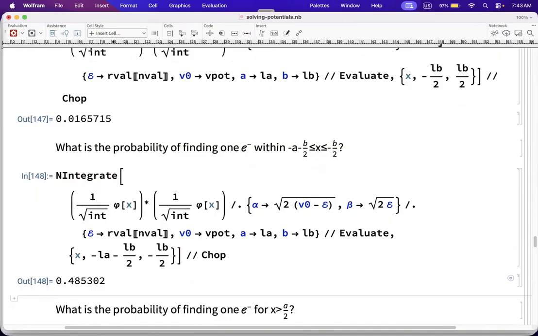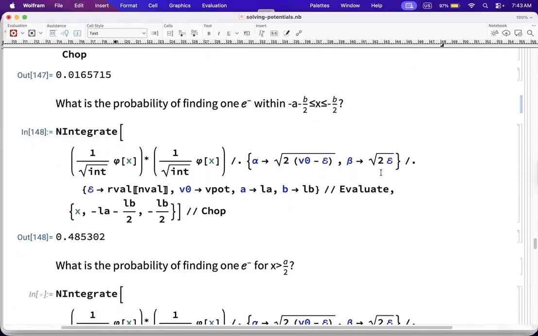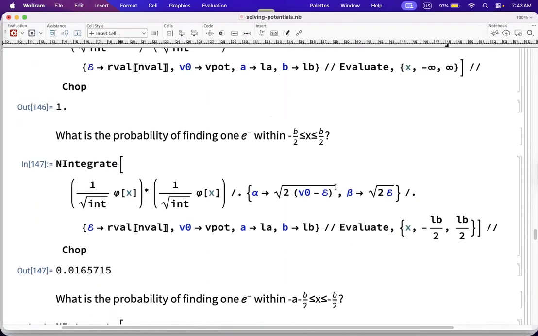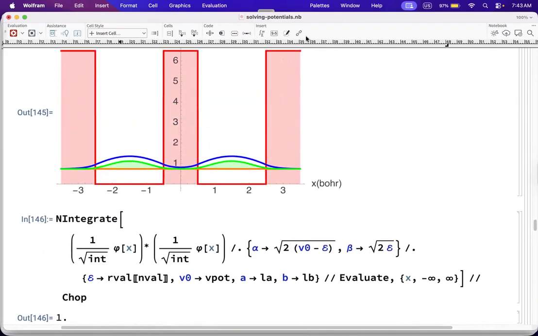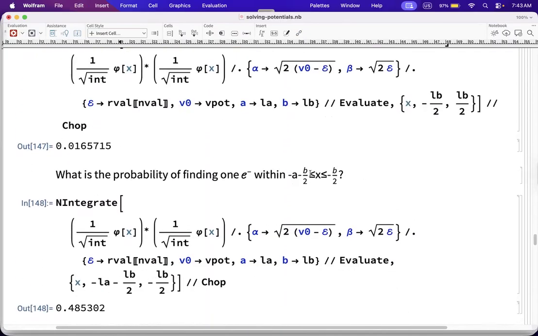And also there is some probability of finding the electron outside of the well. So let me see what's the probability of finding it when X is on the right here. What's the probability of finding the electron in this region above this potential, right? The outside of the potential will be when X is bigger than A plus B over 2.